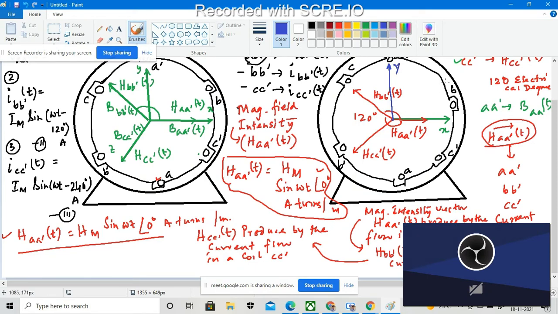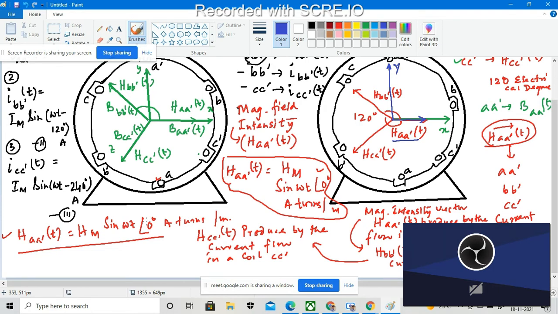This particular vector H of A dash t lies along the x-axis, so that is why it is 0 degrees apart. So 0 degree is the spatial angle of the magnetic field intensity vector on the x axis.